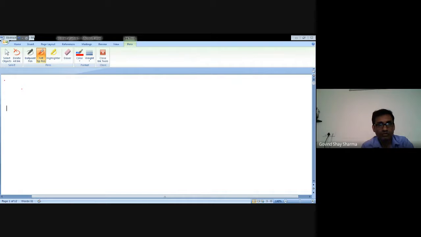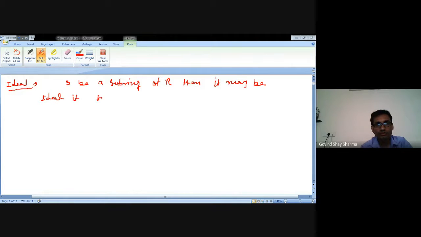First, what is the meaning of ideal? Basically, an ideal is a subring of R. Let S be a subring of R. Then it may be an ideal if it follows some properties.